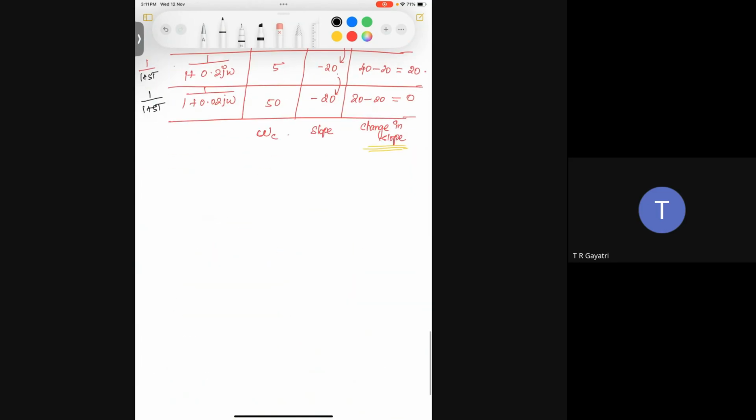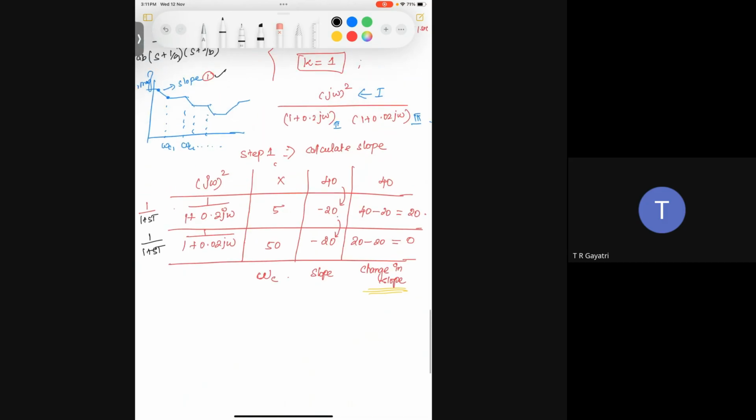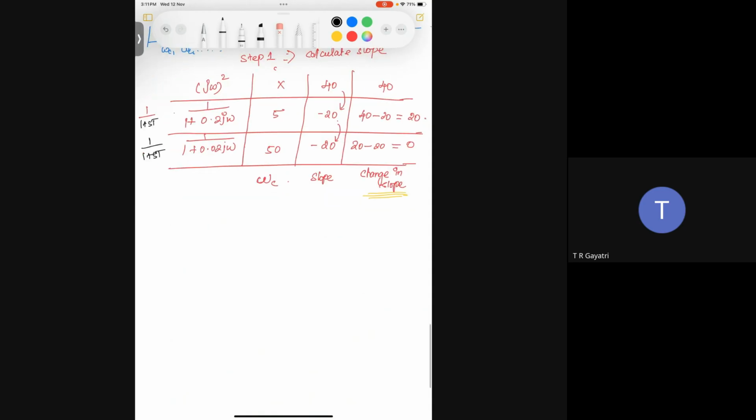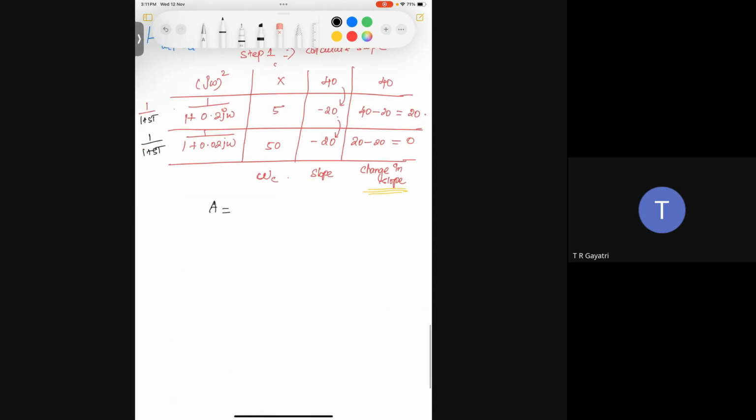Okay, so the next step is we found the slope. Now we are going to find the magnitude. So finding the magnitude would give me A equal to the change in slope, I will write like this, plus A plus slope into log 10 of omega C2 by omega C. So this is the common formula for this.